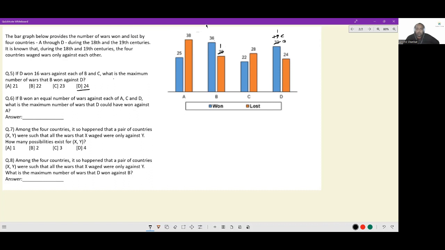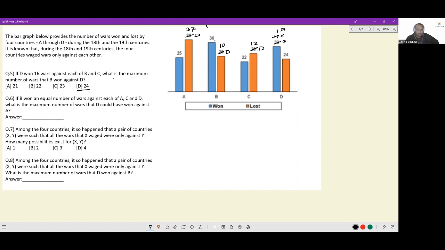And 16 wars gone, it comes down to 10 against D and 12 against D. The only other win that D can have is against A. So against D, it comes down to 37.